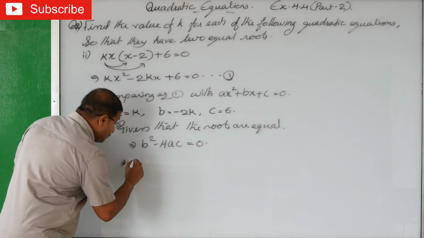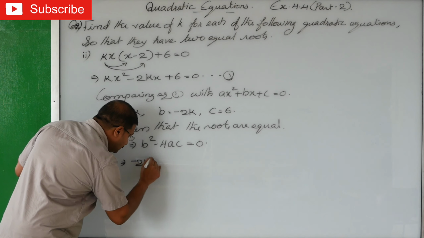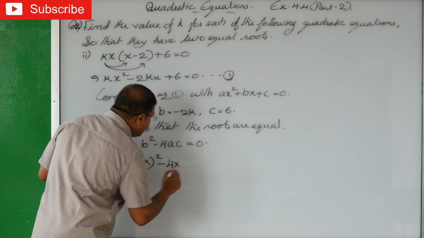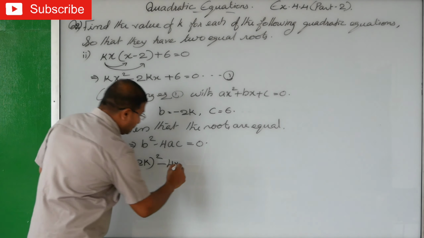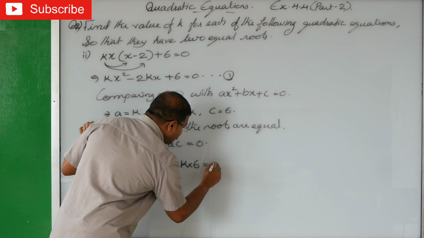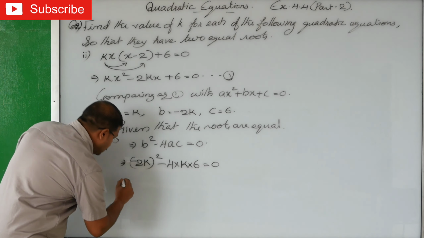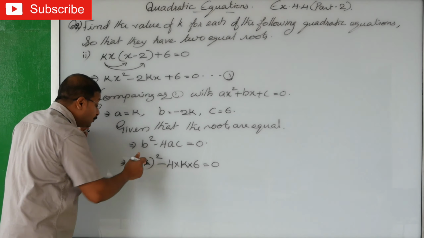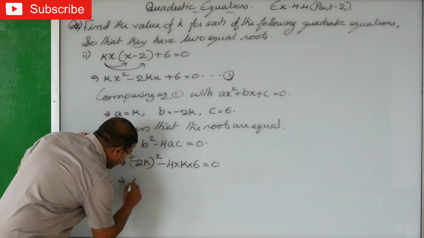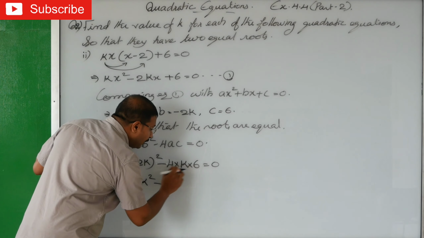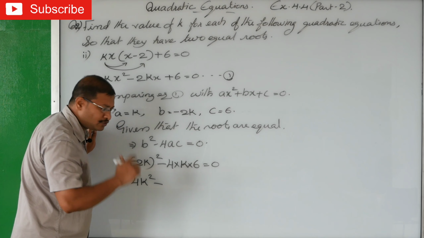B is minus 2k, the whole square, minus 4 into a, which is k, into c, which is 6, equal to 0. This implies square of minus into minus, plus square of 2, 2 2s are 4. That means we will get 4k square minus 4 into 6, 24.